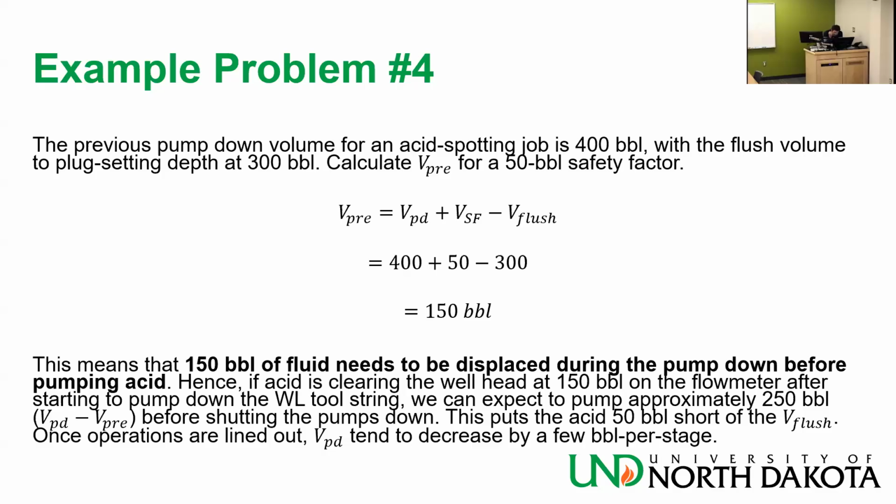This puts the acid 50 barrels short of the V flush. Yeah, because 50 and then 250. Once the operations are lined out, VPD tends to decrease by a few barrels per stage, right?